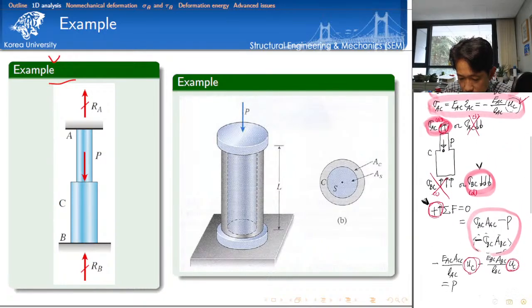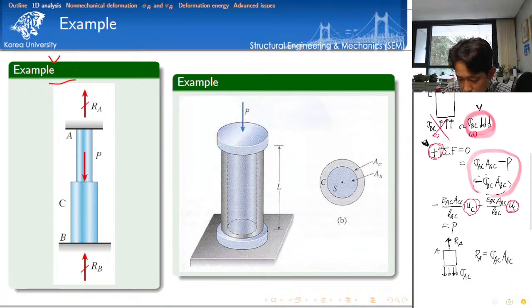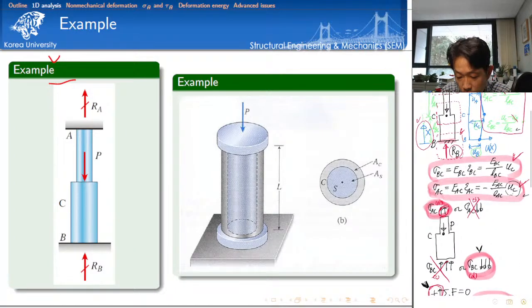Okay, let's visit the information of the normal stress here. This is equal to minus length of AC segment, elastic modulus of AC segment, and then its cross-section area multiplied by nodal displacement at point C. Okay? So can you work for the reaction at point B?